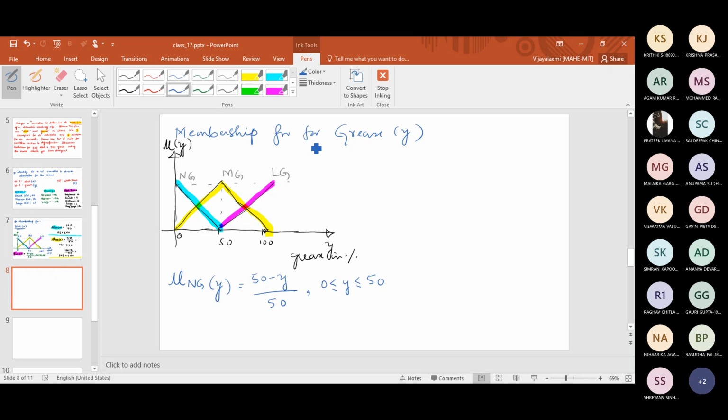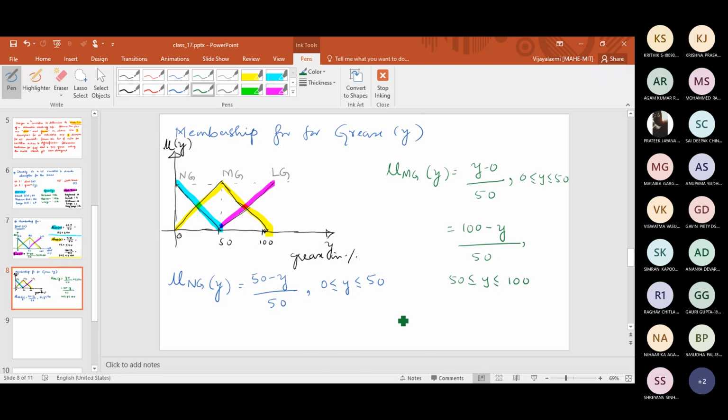Second, the membership function of medium grease, MG of y, where the first part is (y minus 0) divided by 50, in the range 0 to 50. The second part is (100 minus y) divided by (100 minus 50), that is 50, in the range 50 to 100.